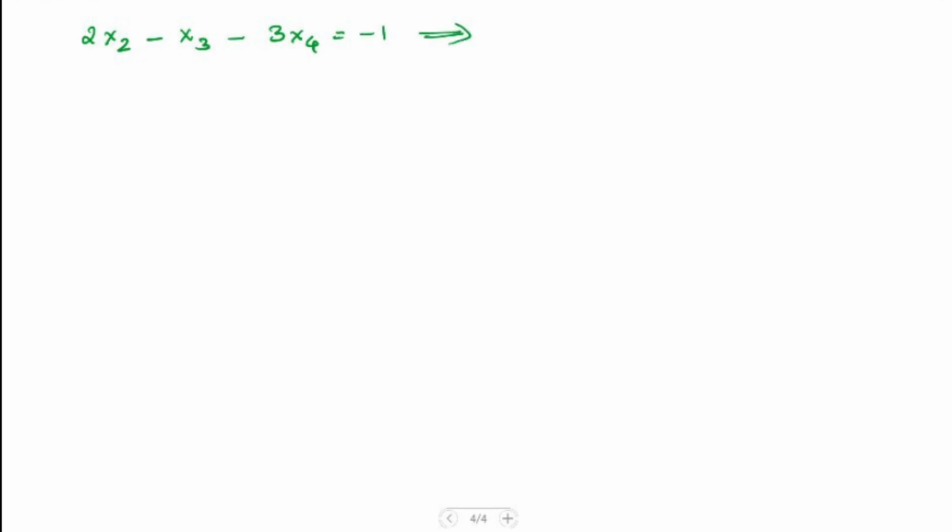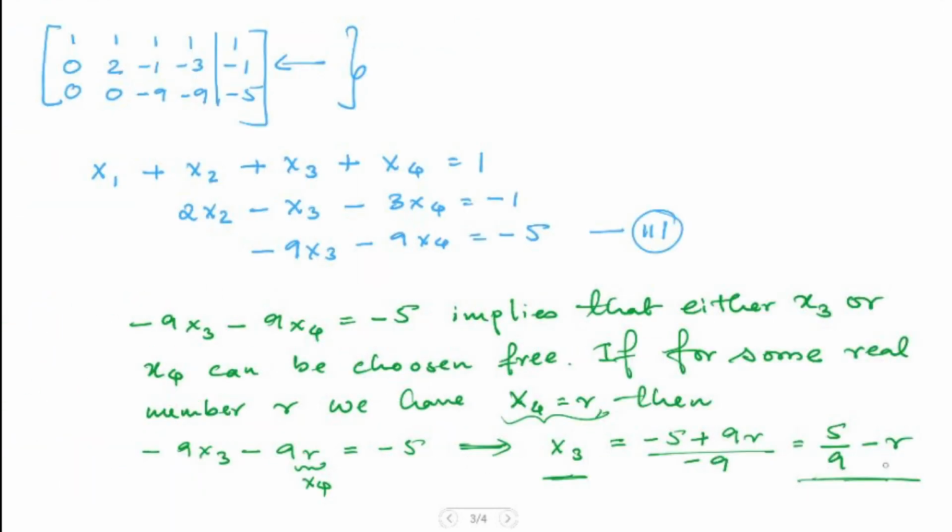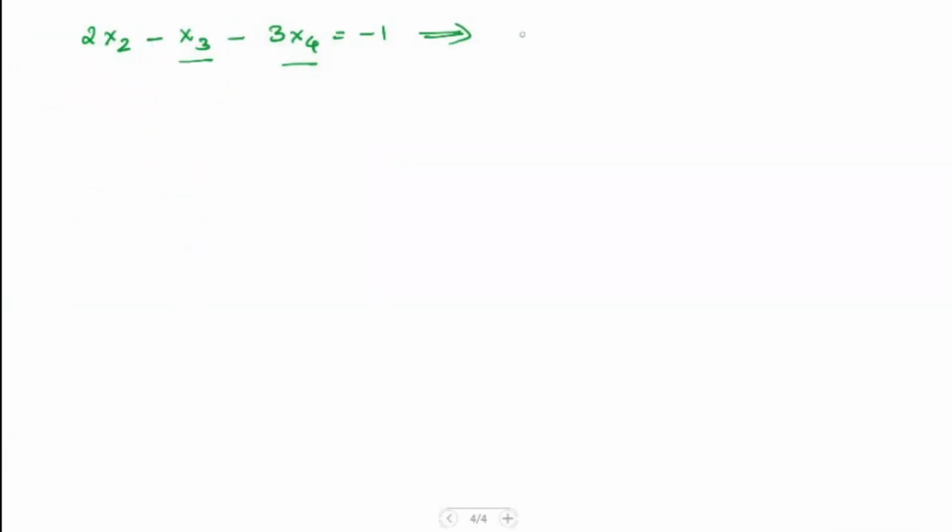This implies that if you replace the values of x3 and x4 that we already have, x3 is 5 over 9 minus R, so you'll have 2 times x2 minus 5 over 9 minus R. Use brackets, because if you have a subtraction sign in front, it changes the sign inside.